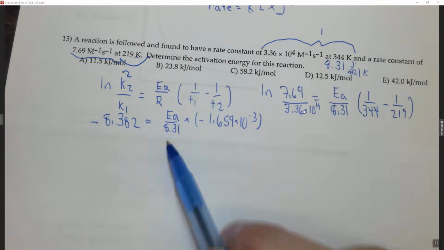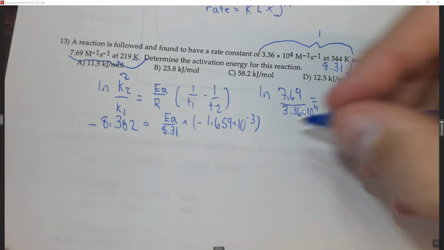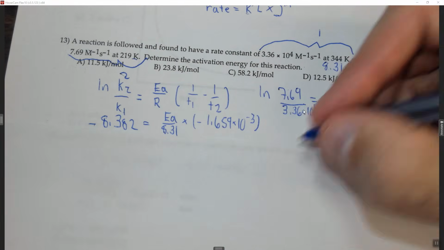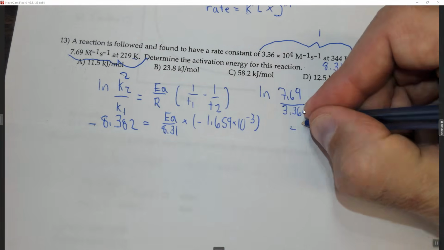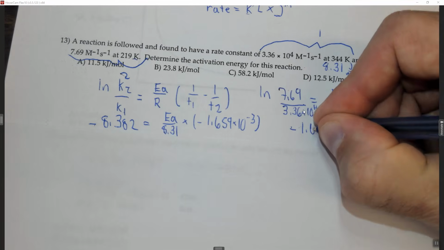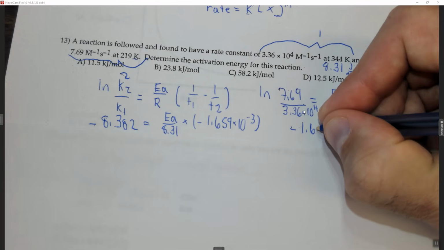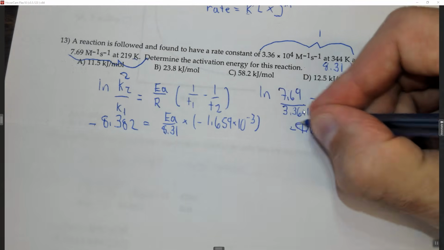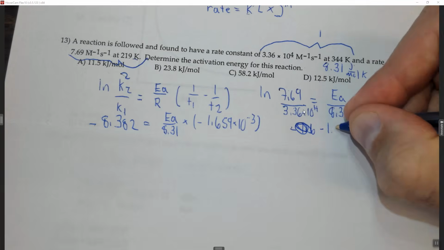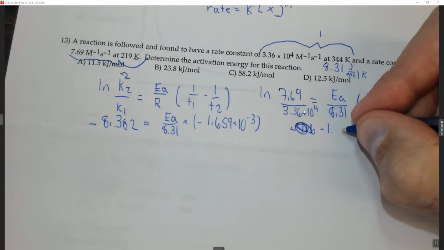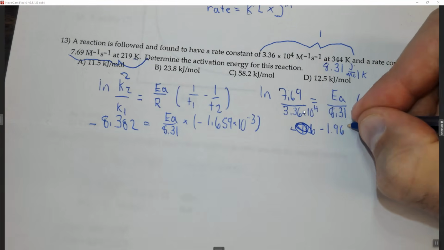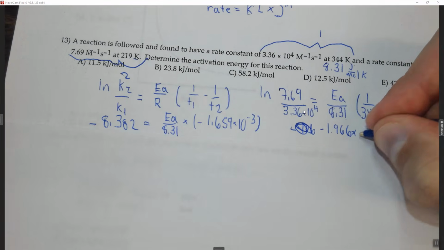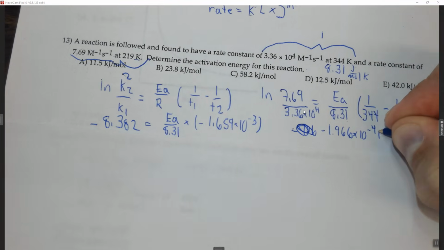Now divide that by 8.31, and what you get is negative 1.966 times 10 to the minus 4 EA.